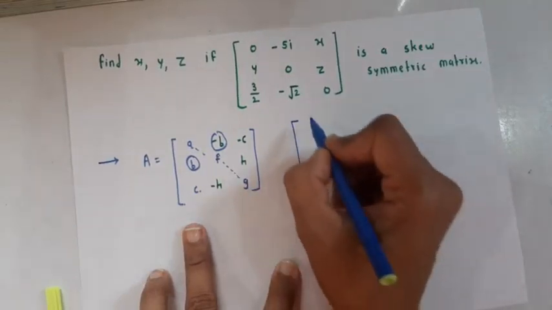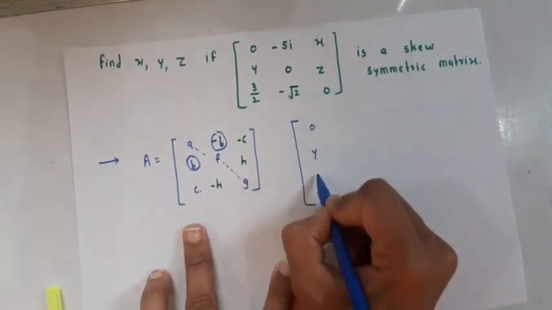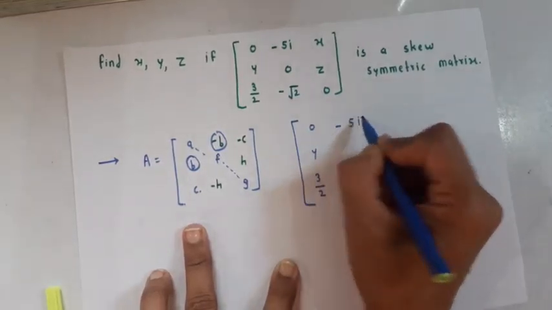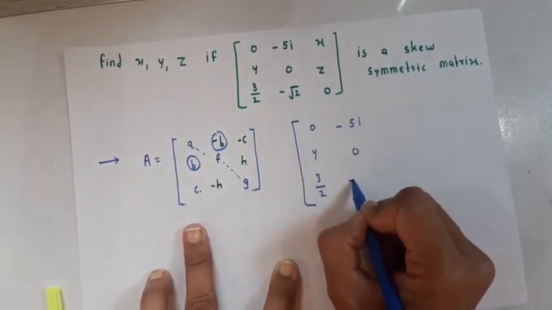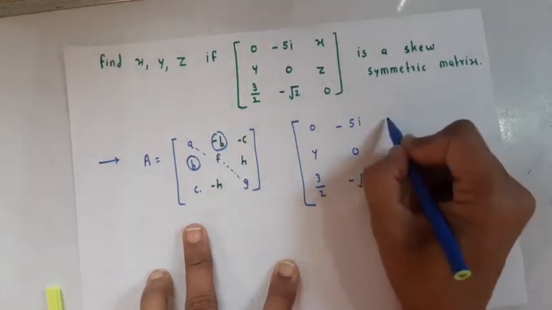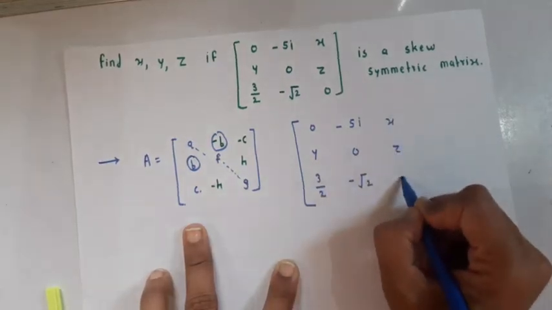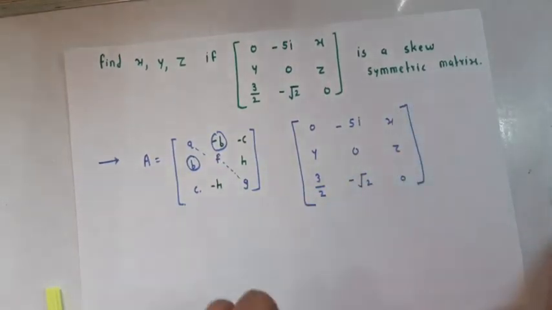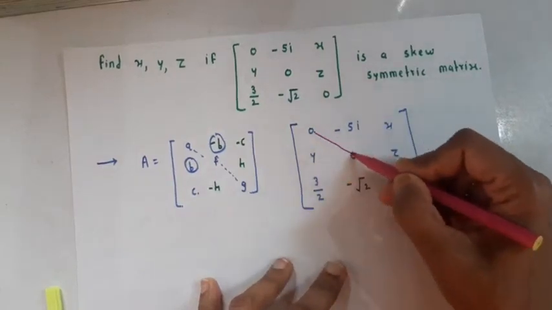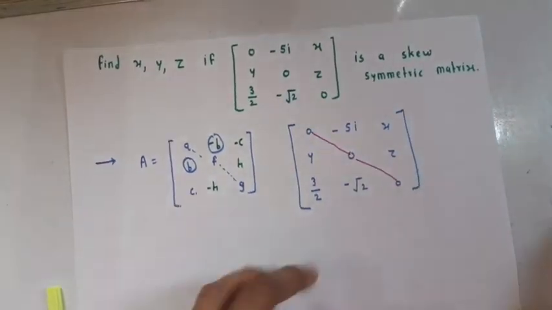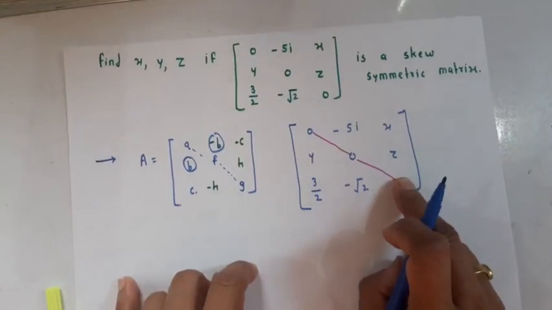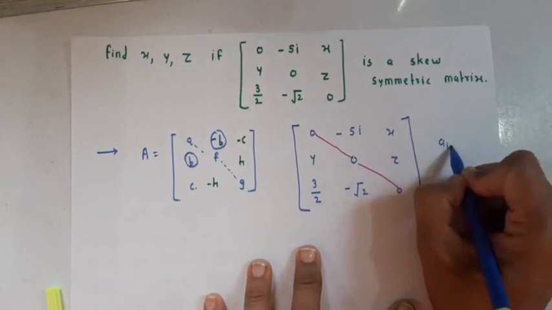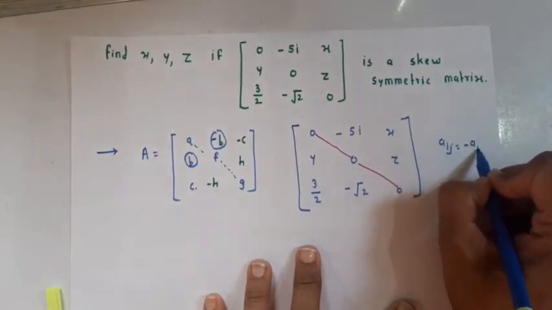The matrix is here 0, y, 3/2, minus 5i, 0, minus √2, x, z, 0. What is the skew symmetric property? The skew symmetric property is that the diagonal elements are 0. So these are the diagonal elements. Diagonal elements are 0 and for non-diagonal elements, Aij equal to minus Aji.